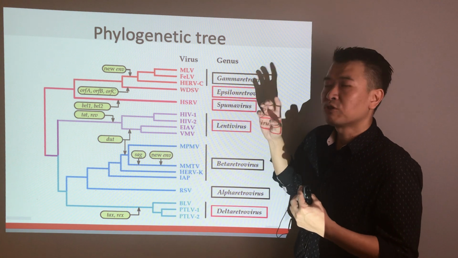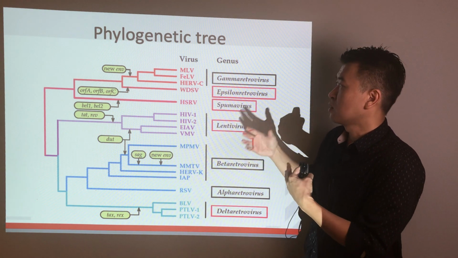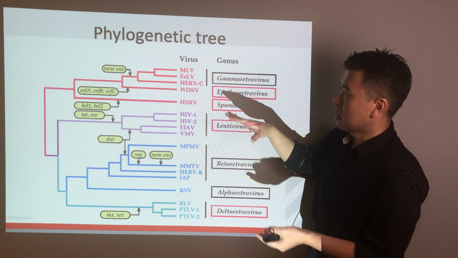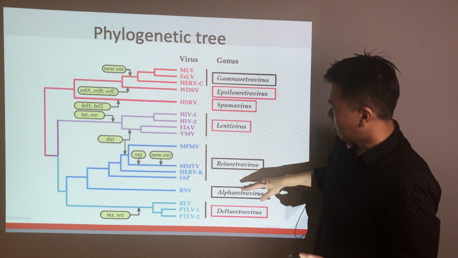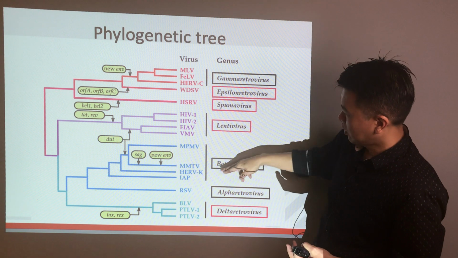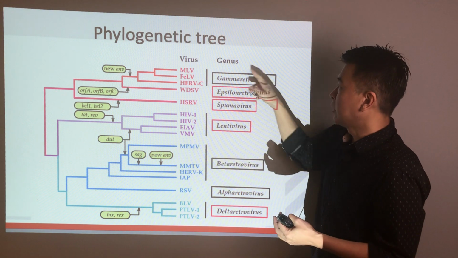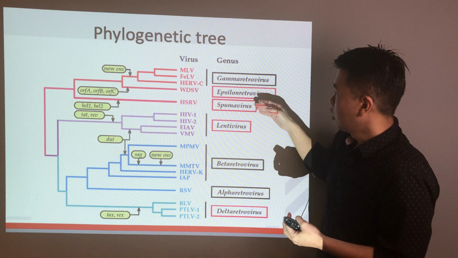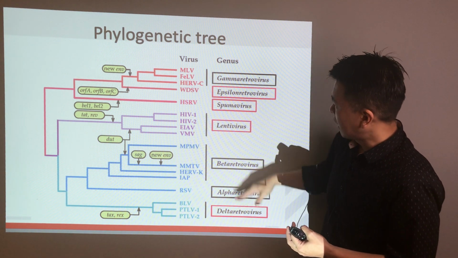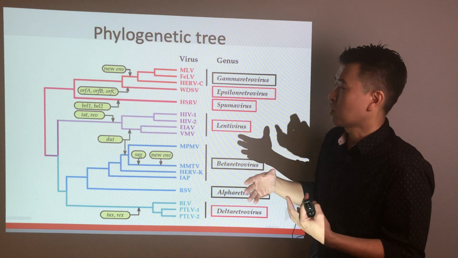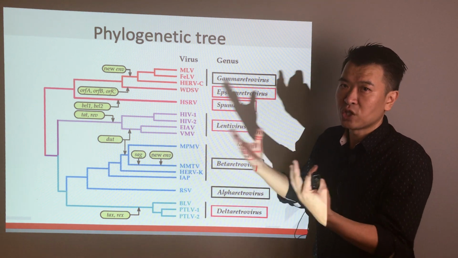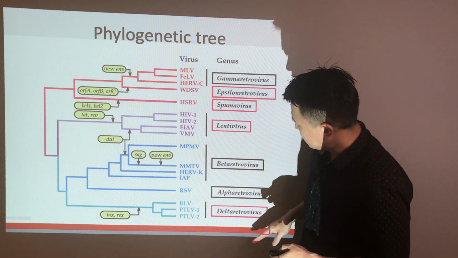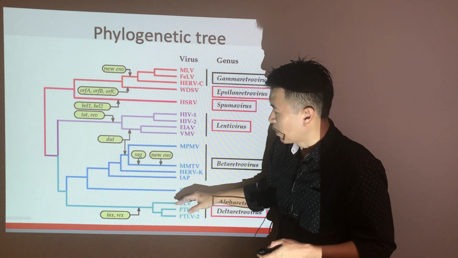In the phylogenetic tree analysis of this group of viruses using RT, we can see that all these groups of viruses have been separated into their own branch. Alpha, beta, gamma, circled by a black box, means that they are simple viruses, whereas you have delta, epsilon, and lenti, which are complex, as well as the spuma, which are also complex viruses. Here you can see alpha, this is Rous sarcoma virus.